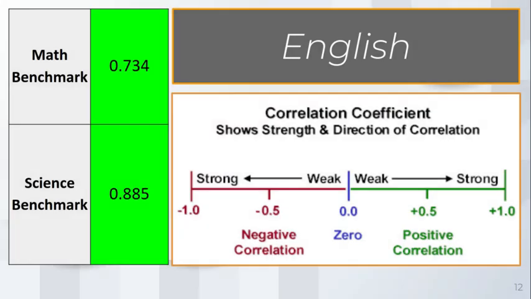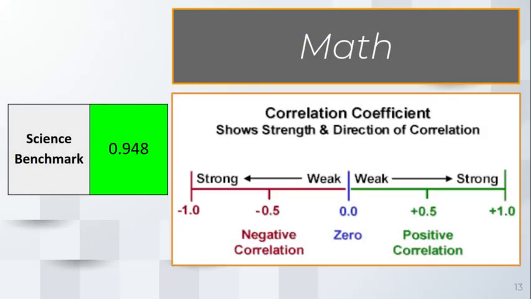Same thing with English. You can take a look at English and how it correlates. Again, I think English, it's not reading specifically, but it's in that same area. So the impact on science is still strong there as well. And it is on math as well. And then here's math to science. And that was a 0.948. These are all the same numbers you saw before. And again, just another way to look at it.